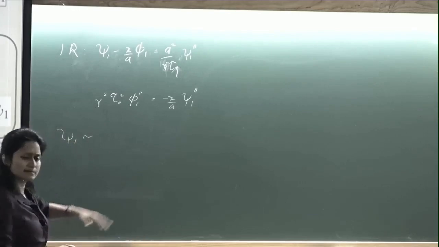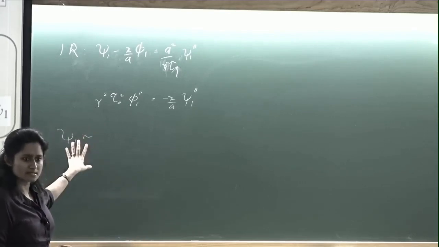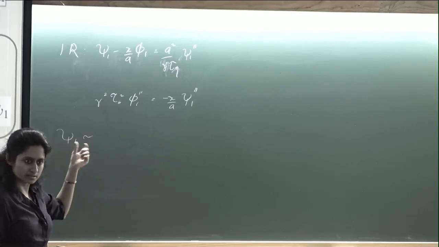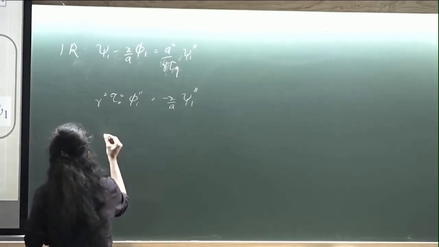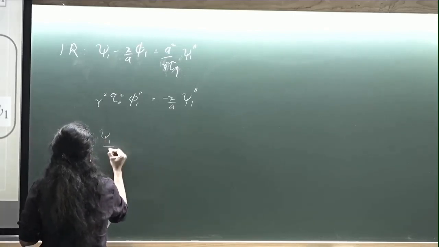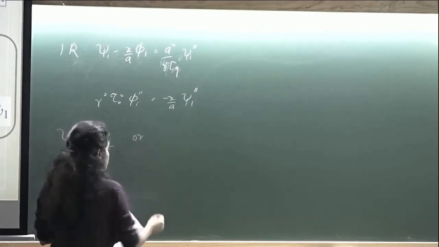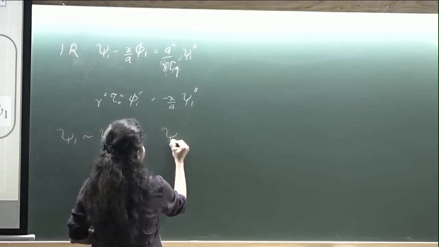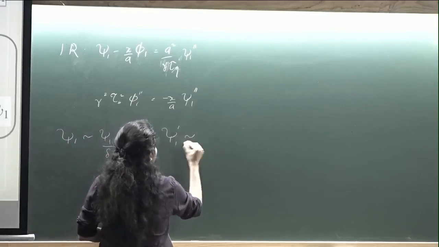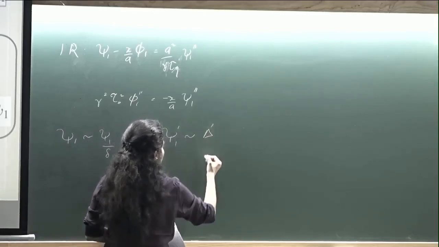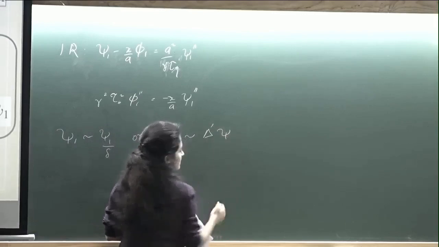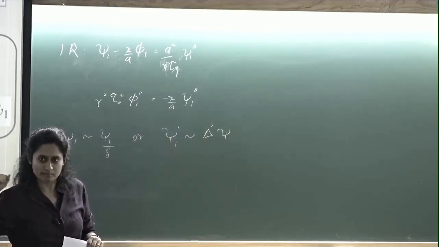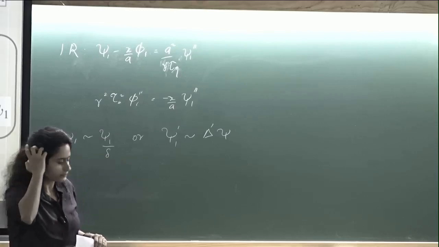You say that in the inner region, I will replace the derivatives by psi1 divided by delta, the width of the current sheet. The other option is to simply say that psi1 prime is delta prime into psi, which comes from the definition of the instability parameter.